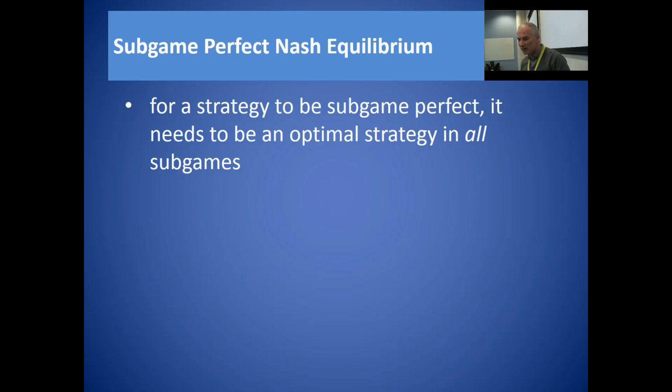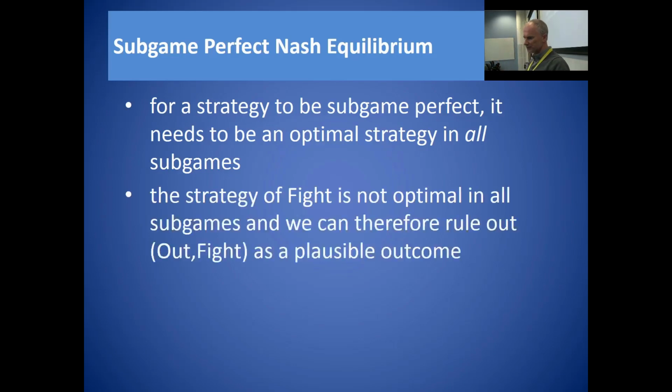But the strategies within that game need to be optimal strategies in all subgames. And if you think about it, we said that the Nash equilibrium of out-fight was problematic. Why is it problematic? Because it's not a subgame perfect outcome. Because that strategy of fight is not subgame perfect.